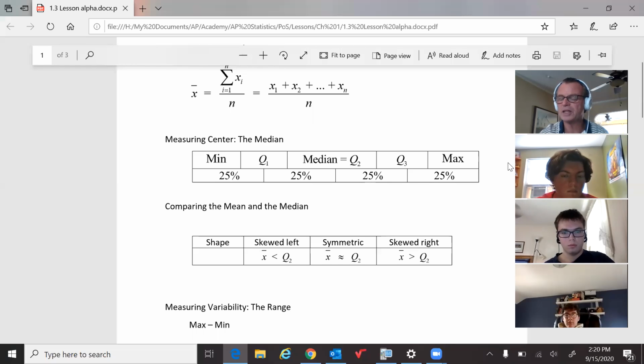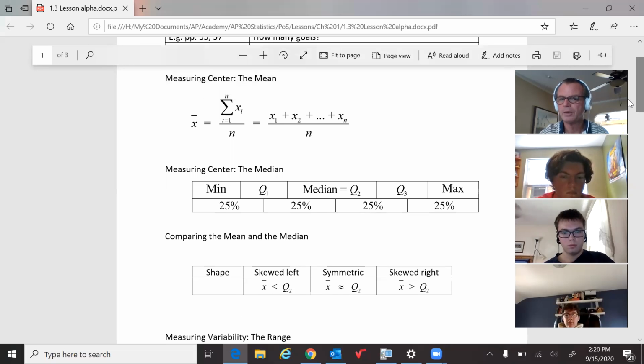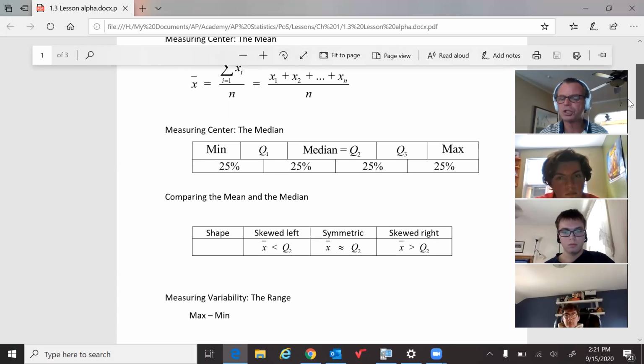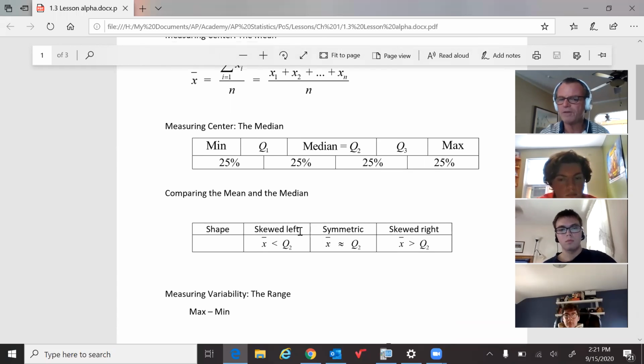Now, if the data is symmetric, then the mean and median will map onto each other. But if the data is skewed, look what happens. If the data is skewed to the left, that's where the tail is. So if you have some values to the left, which, we'll talk about, I don't want to use the word outlier because we haven't quantified that yet. But you have some values off to the left in the tail, what's going to happen?